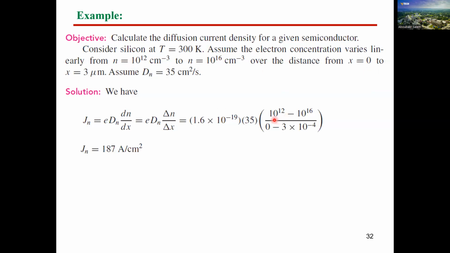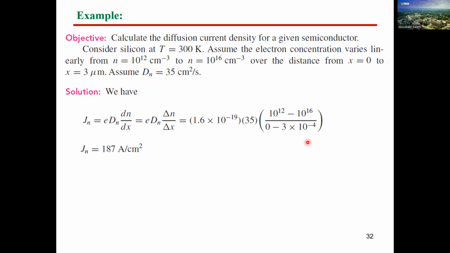So 10 to the power 12 minus 10 to the power 16, divided by the distance, 0 minus 3 times 10 to the power minus 4. Okay, so this is the distance we have. You know, micro, guys, is 10 to the power minus 6, not 10 to the power minus 4. Why did we multiply here times 10 to the power minus 4?